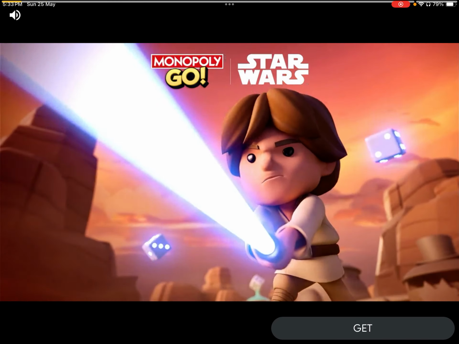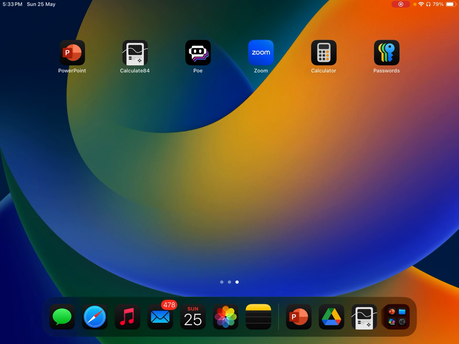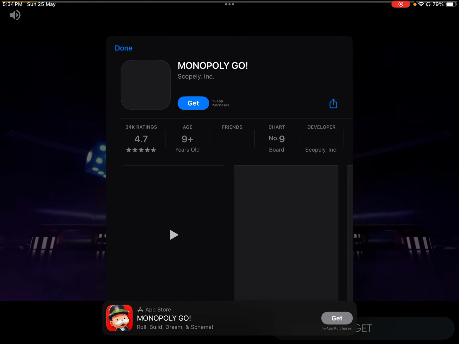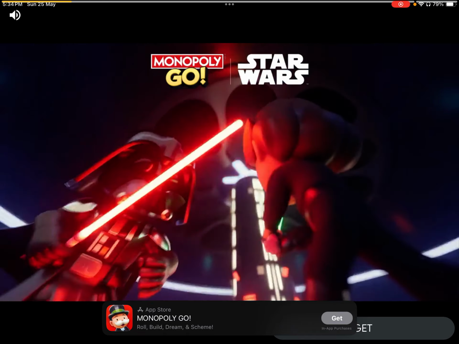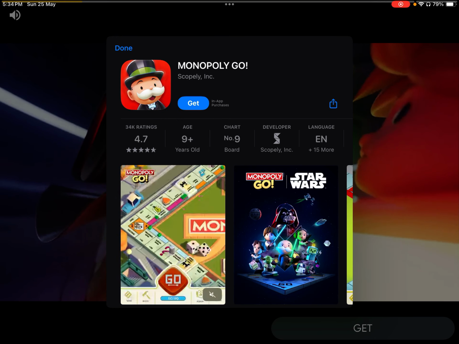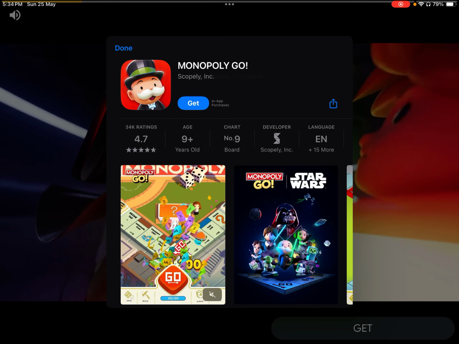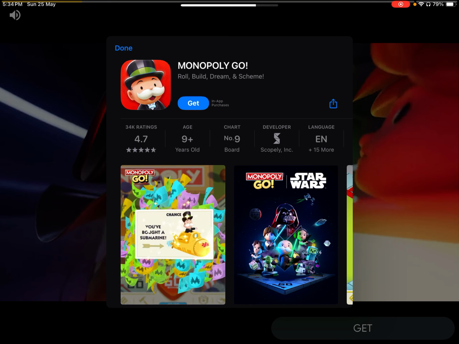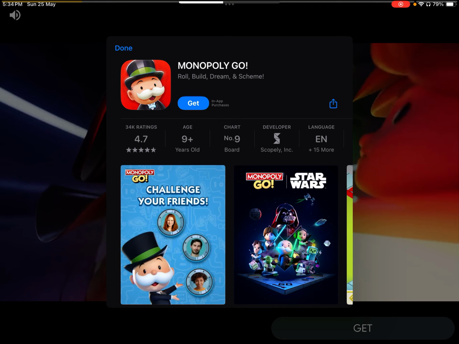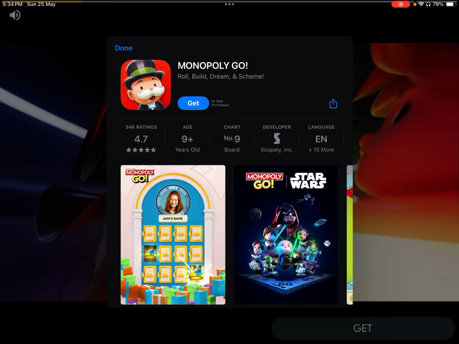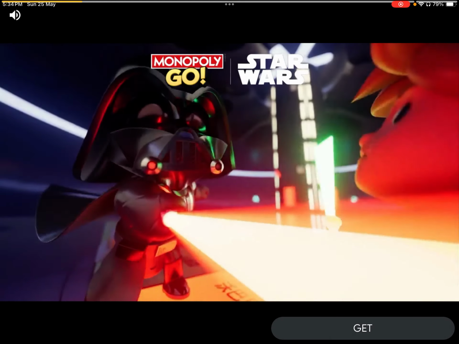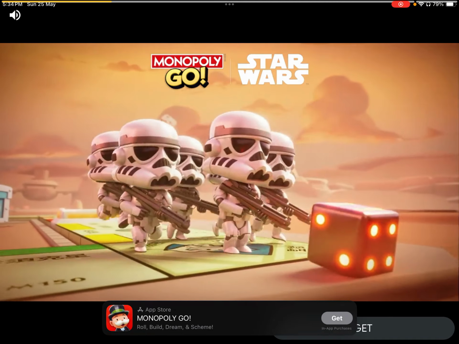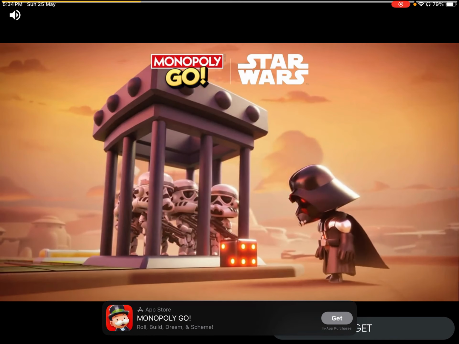Oops. Alright, that's the price to pay. You have to have little ads that come into it. Okay, let's wait for this ad to pass.